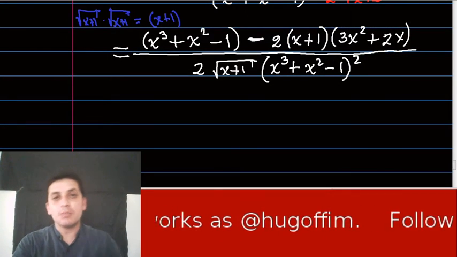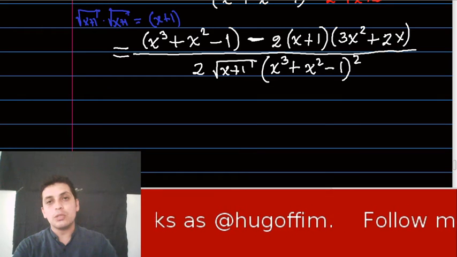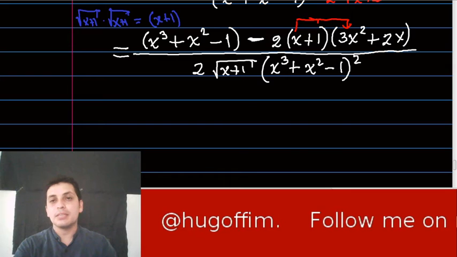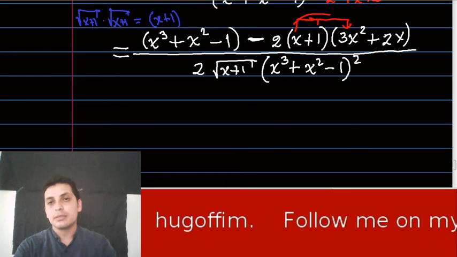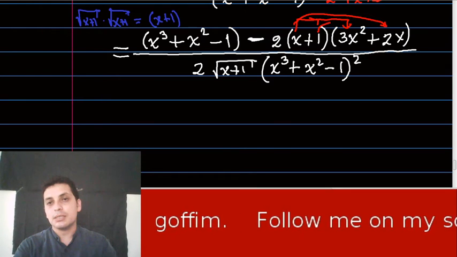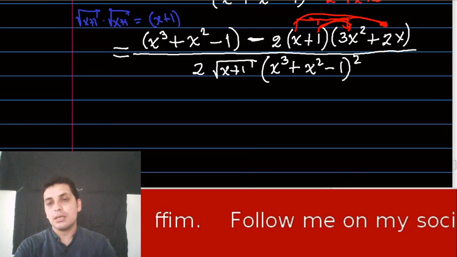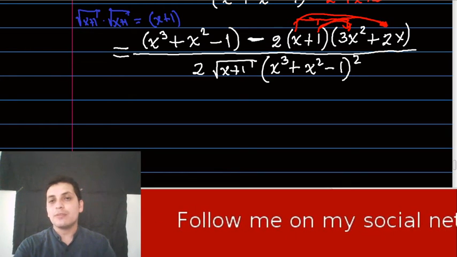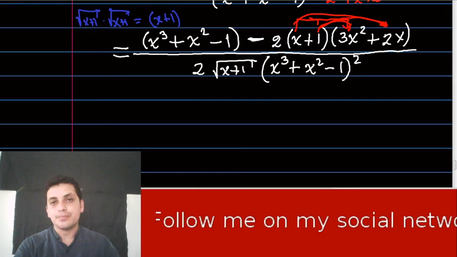To simplify this part, we just need to multiply this polynomial by this polynomial. So like this times this times this, and then times 2, in order to have two polynomials in a subtraction.